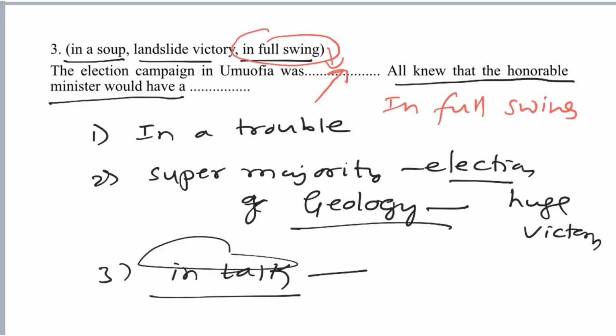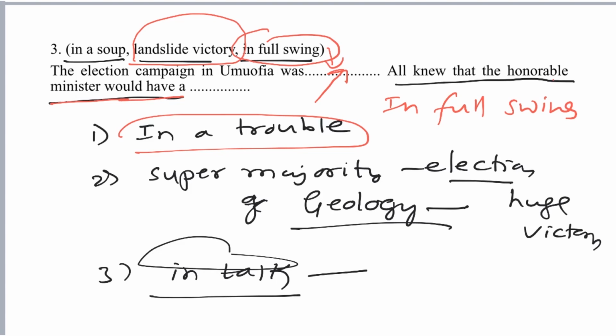All knew that the honorable minister would have a dash. Trouble cannot be the right word. In a soup means he would be in trouble. All the people knew, they were all very sure, that the minister would have a landslide victory, that he will get a super majority in his elections.